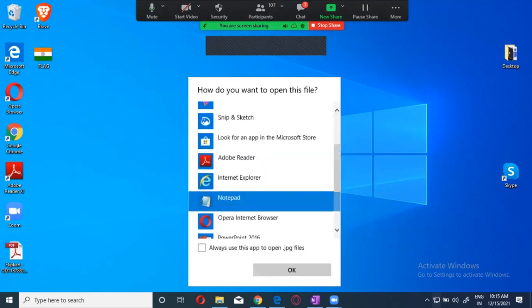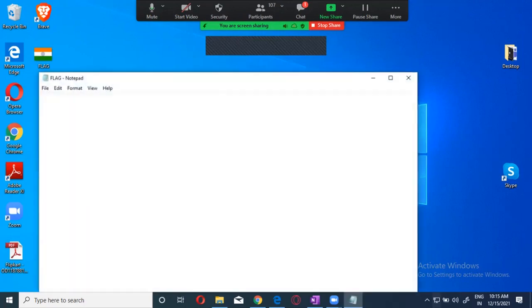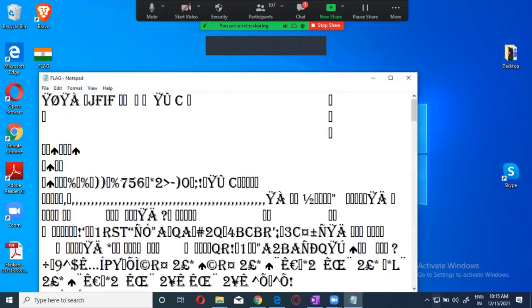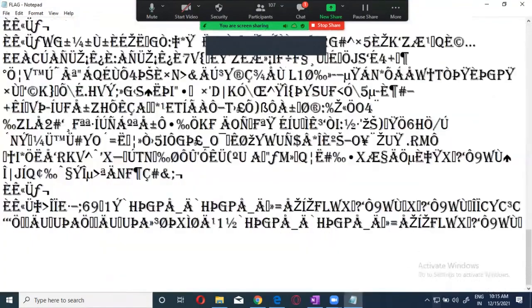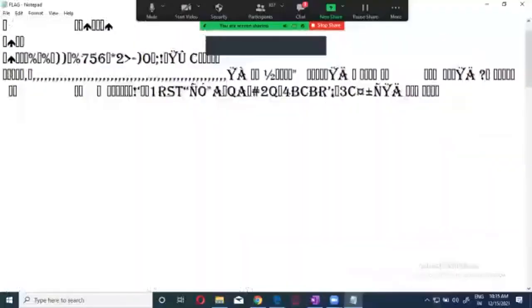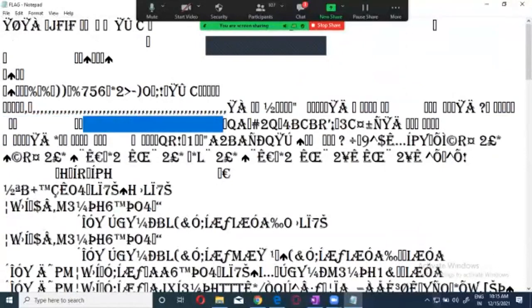Okay, let me open it in Notepad, guys. Let me see this. What is this? This is the reason why I was calling the image unorganized. Can someone read this? This is the reason why I was calling this unorganized data.